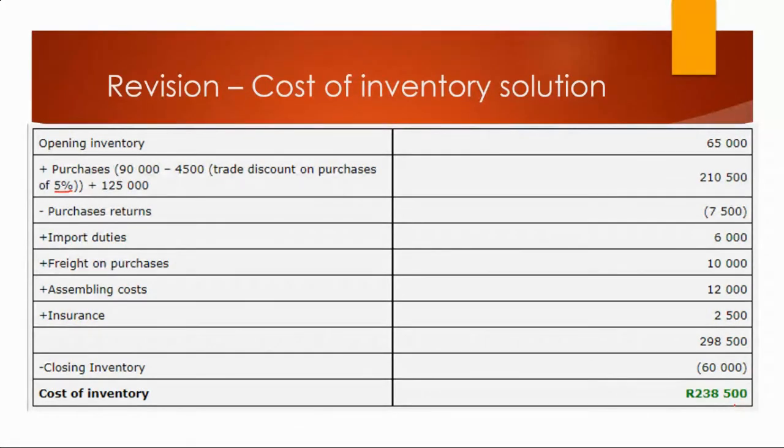Okay, any other questions regarding what we've done so far? Okay, so Tata is asking, if they say cash purchases after 5% trade discount, is the discount excluded? So if they say after trade discount, the discount has already been taken out of that amount, and you would just include that amount, Tata.